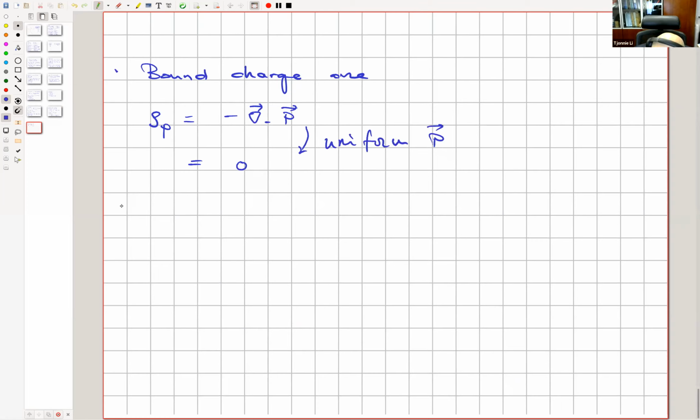And then here we've got sigma B, which is just P dotted with N. It's just the perpendicular component. And so it's just plus or minus P, depending on whether you take the top part of this disk or the bottom part of this disk.